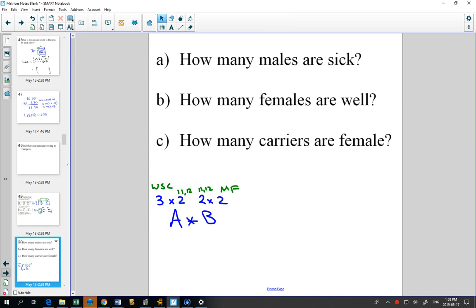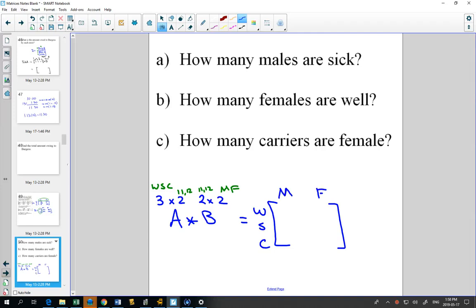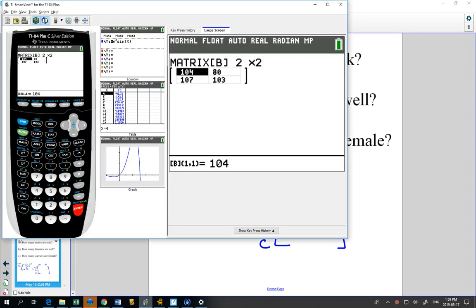So if I multiply those, I'm going to get a 3 by 2, and my 3 by 2 is going to have well, sick, carrier, males and females as my answer. Go to my calculator to calculate that.